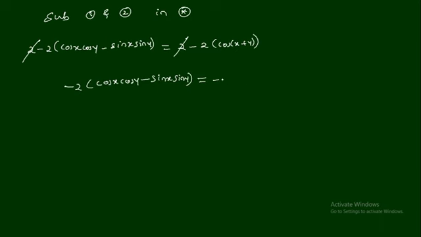Okay, this is equal to right hand side minus 2 times of cos of x plus y, and then minus 2 gets cancelled, you are left with the last step, that is cos x cos y minus sin x sin y, and right hand side is cos of x plus y.